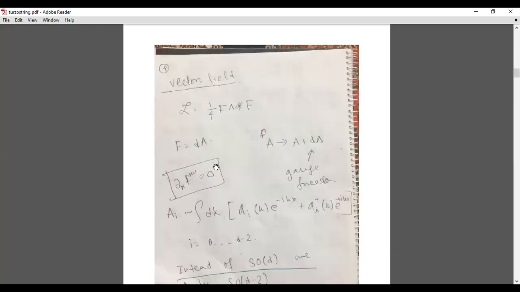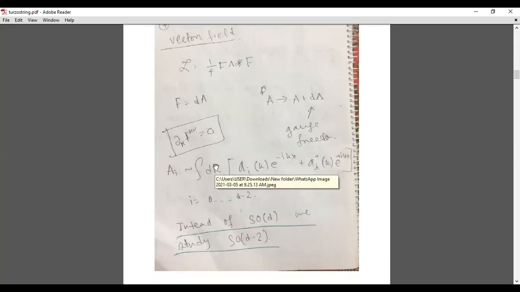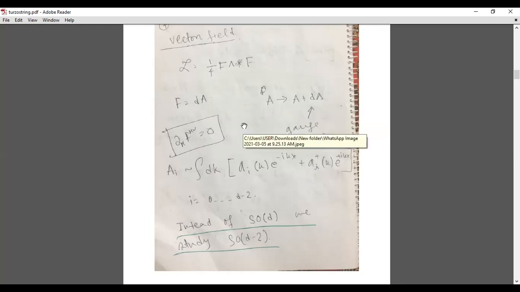For a vector field, we do kind of the same thing, but what is quite nice here is that there is a gauge symmetry in A, right? When you have a gauge symmetry like that, you have to take into account the gauge degrees of freedom. You can do it in Lorentz gauge or Coulomb gauge or whatever you want, but ultimately your gauge field will have this type of configuration.